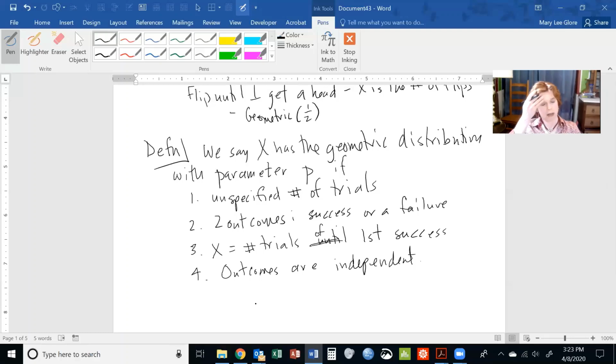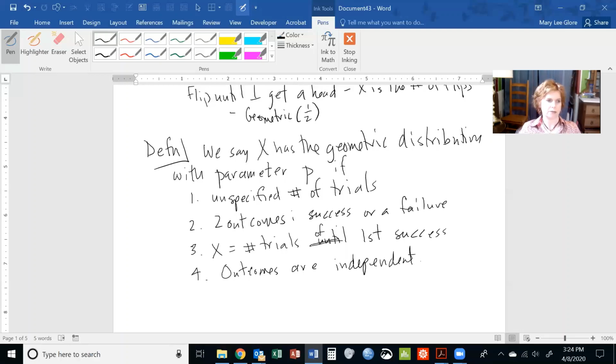We talked about last time, when we were talking about the binomial distribution, an example of something that's not independent. It would be if I was picking a card and I didn't put the card back in and shuffle. Let's say I'm going to do it until I get the ace of spades.